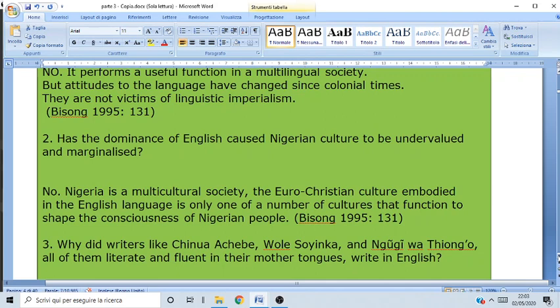And English is just one of the cultures that have become part of the consciousness of the Nigerian people. So just one among many others.